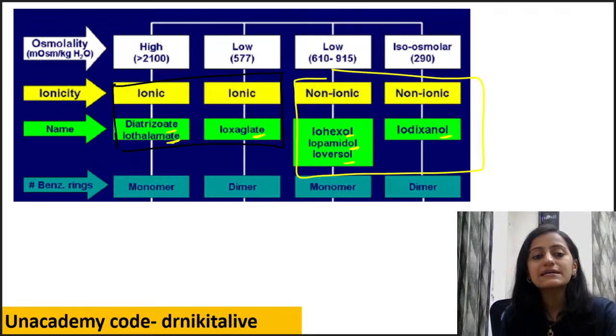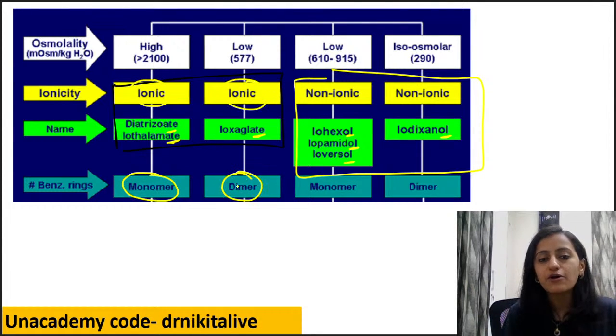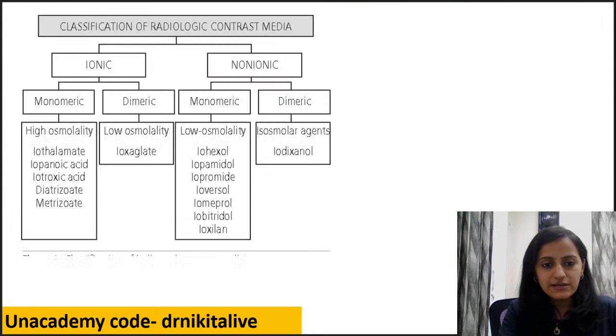Now, remembering the examples of these contrast media: what are the examples of ionic monomer, ionic dimer, non-ionic monomer, and non-ionic dimer? Basically, this is what we need to remember as well.